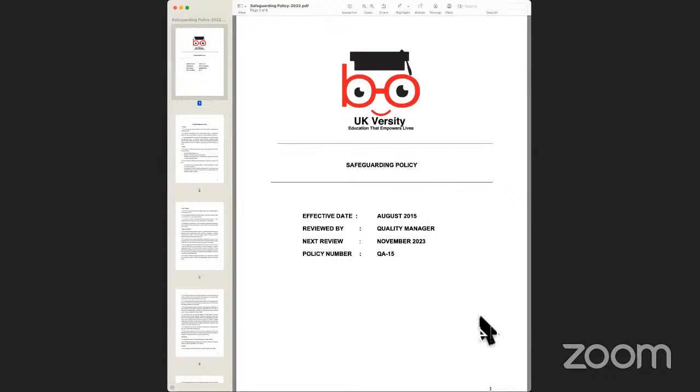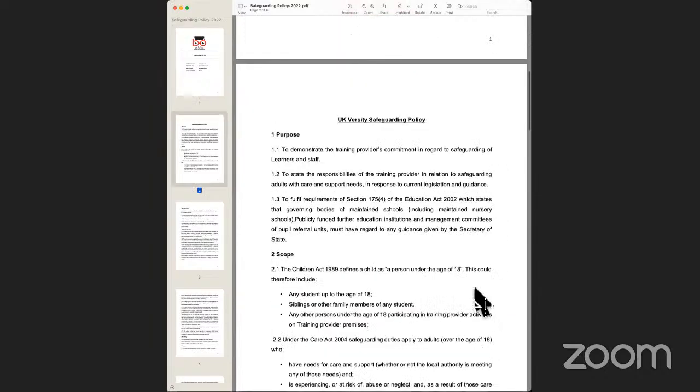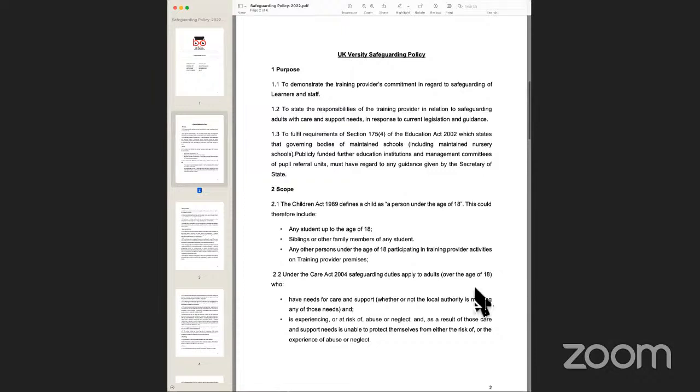This policy is nothing but a statement from the organization showing commitment that relevant measures are put in place to ensure that the provider is committed to safeguarding learners and staff from any sort of abuse, exploitation, neglect, or harm which can be done in any way, shape, or form.